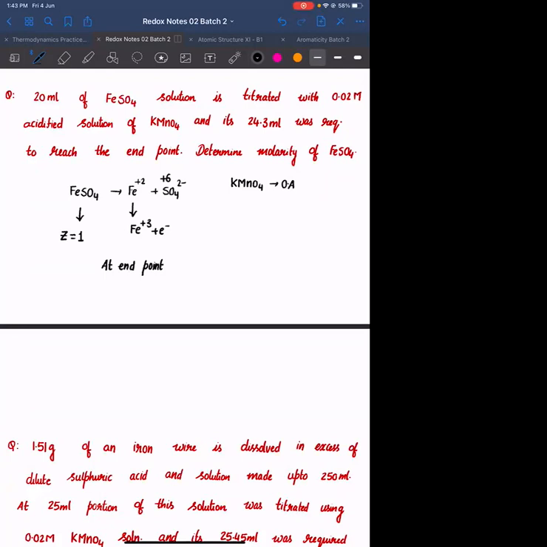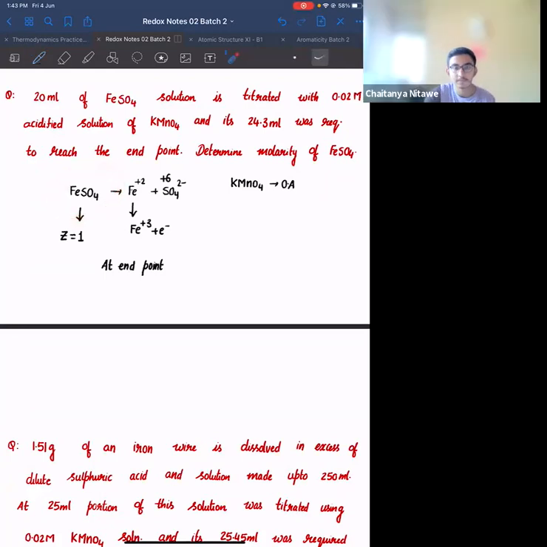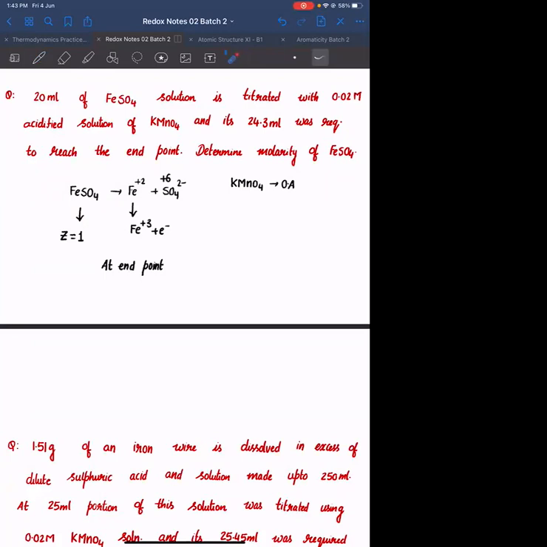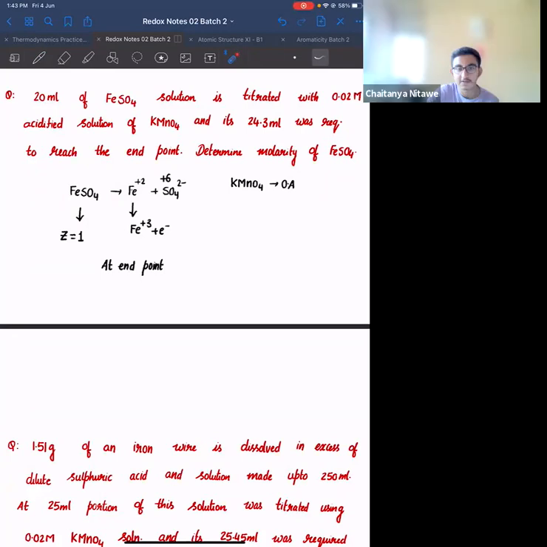What is the Z factor for a reducing agent? It is the number of electrons exchanged per molecule. The reason for the reaction of this particular substance is the exchange of electrons. You need to see the number of electrons exchanged per molecule. That is the Z factor. Is that clear? Yes sir.